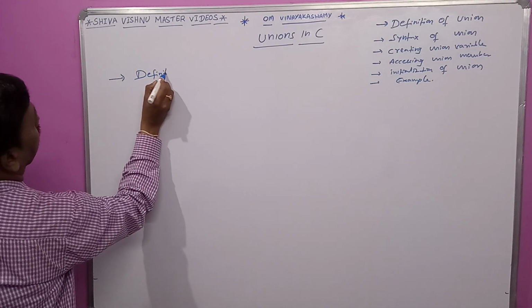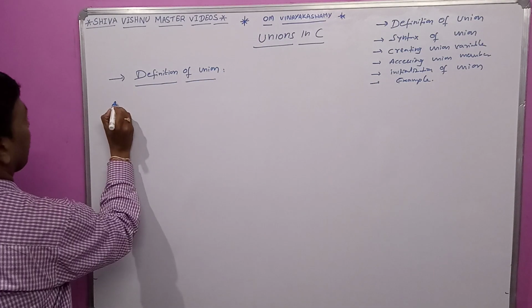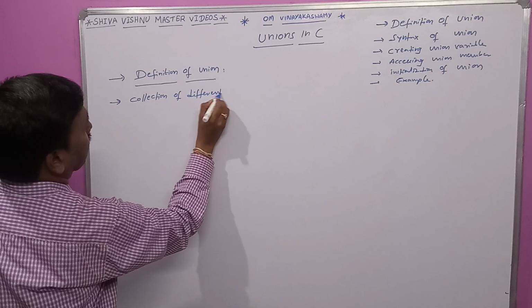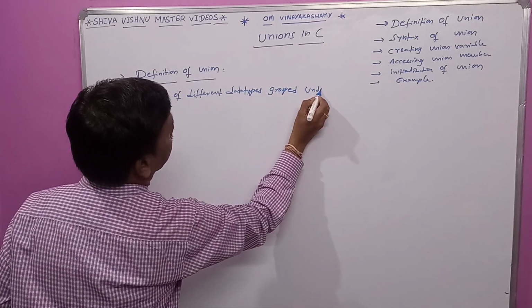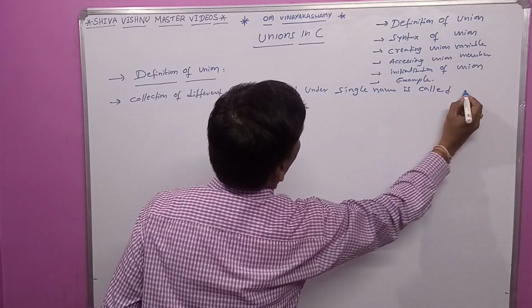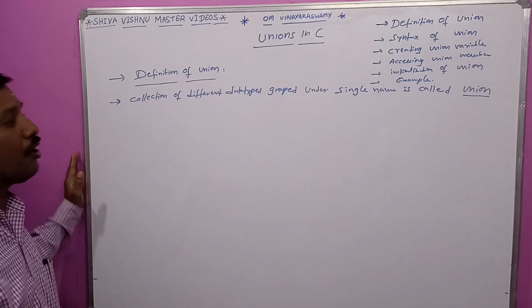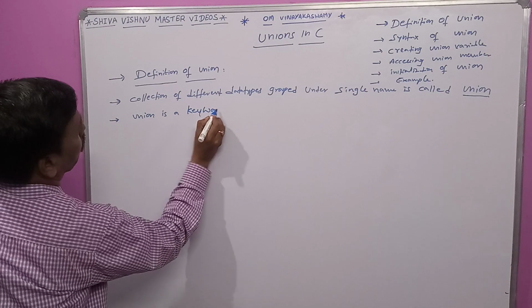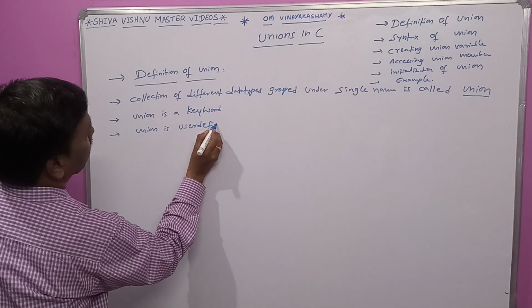Definition of union. A collection of different data types grouped under a single name is called a union.